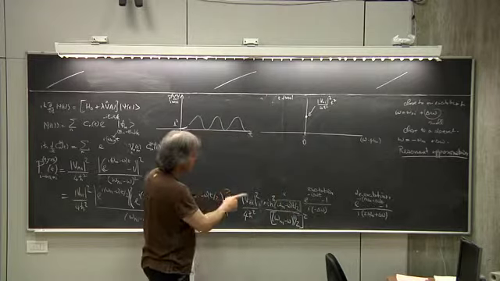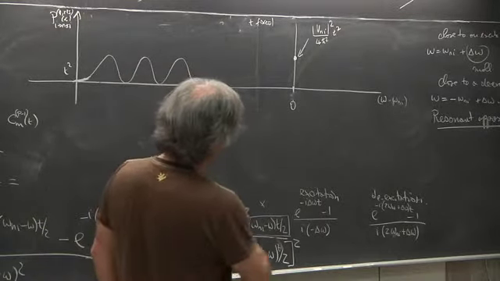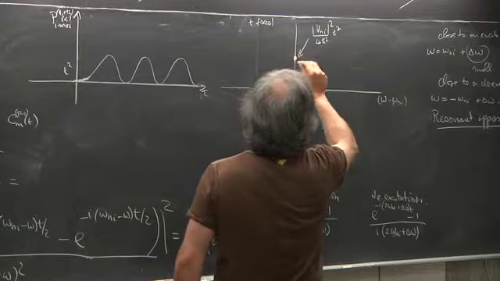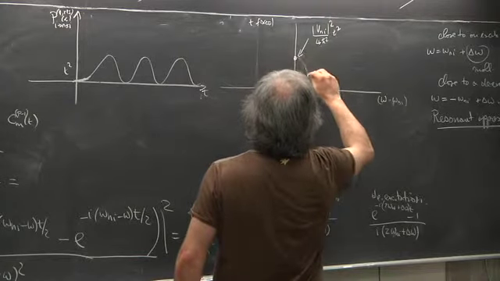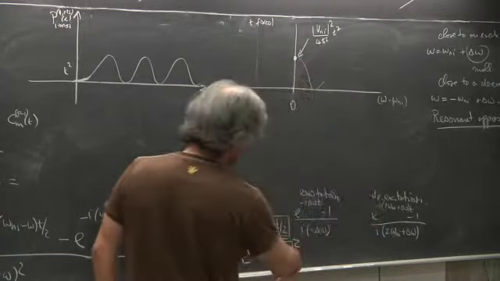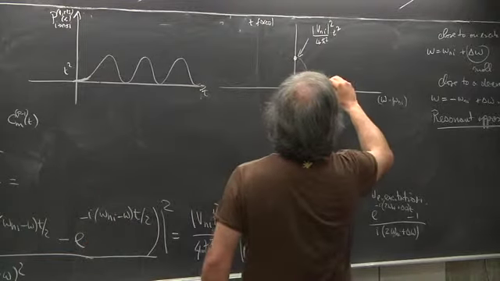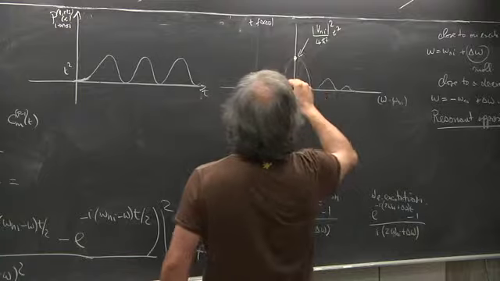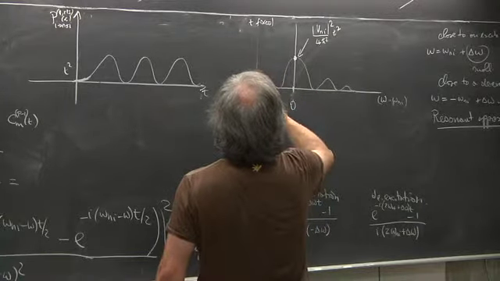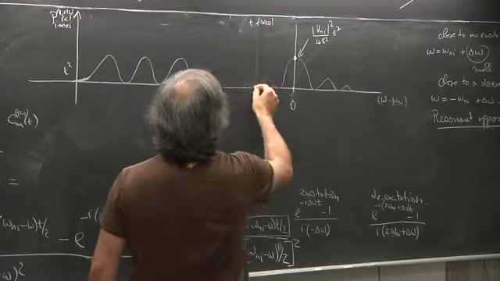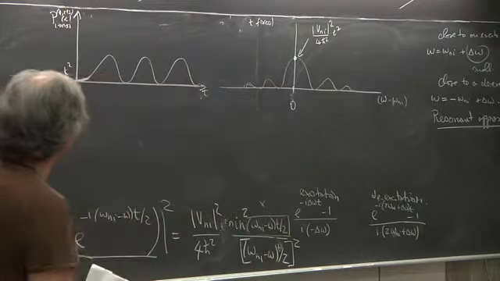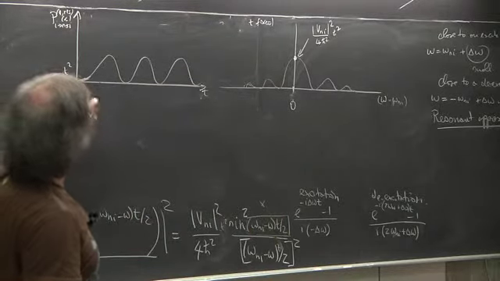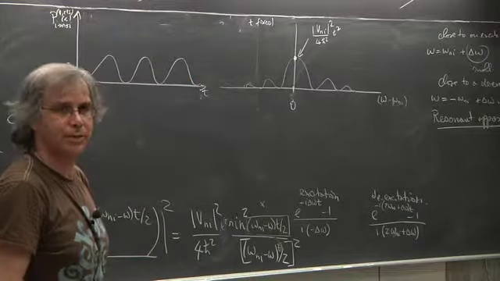And then as you go out, this thing will again oscillate as a function of frequency. But the nice thing is that obviously it also goes down. Okay? You see the difference: as a function of time, it has a purely oscillatory behavior.